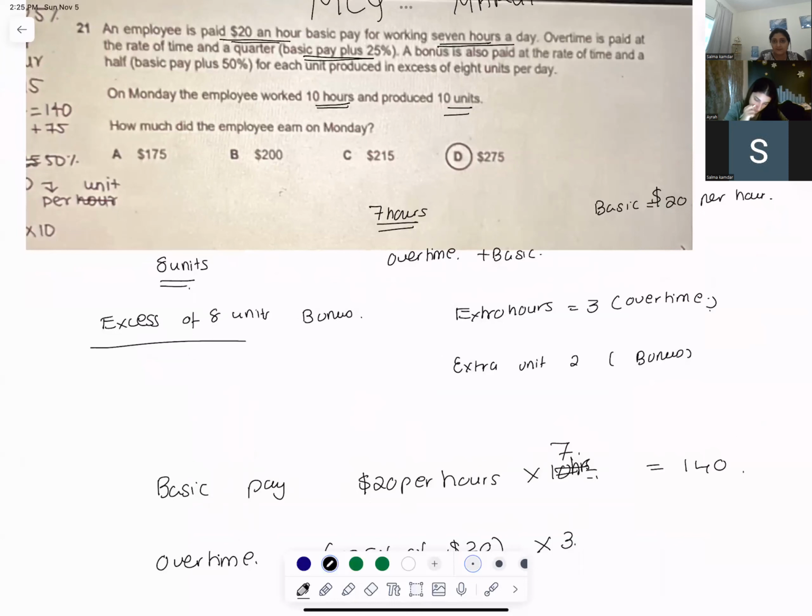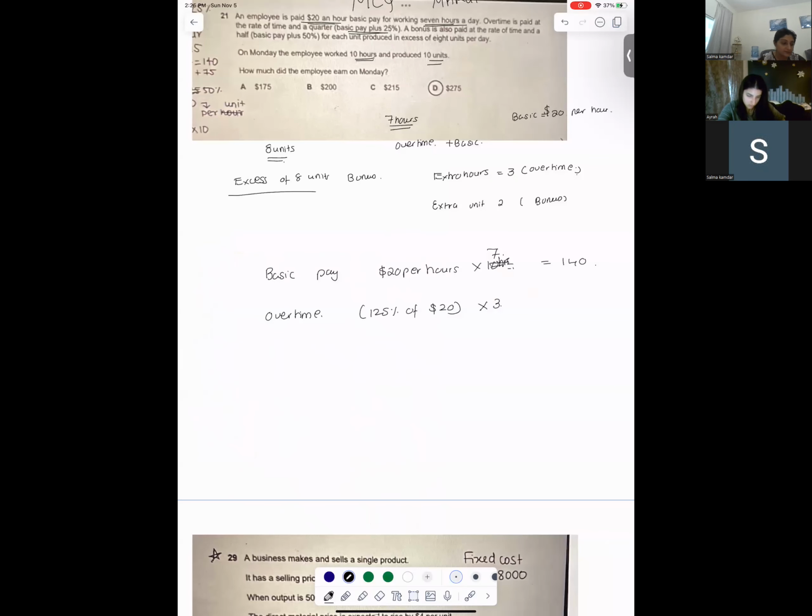So 125% of 20 is how much? 25. So you're going to get $25 for these 3 extra hours that you have worked. So you're going to get 75 for your overtime.